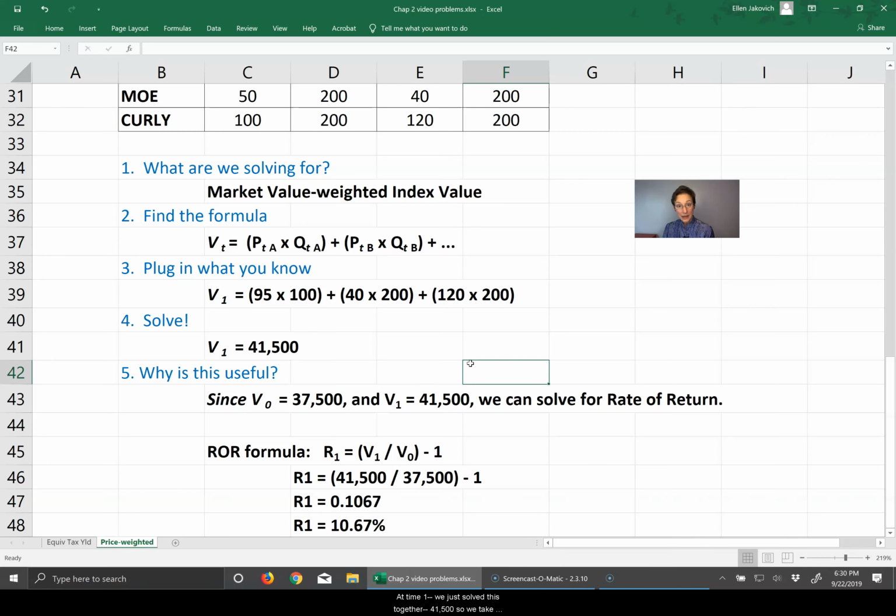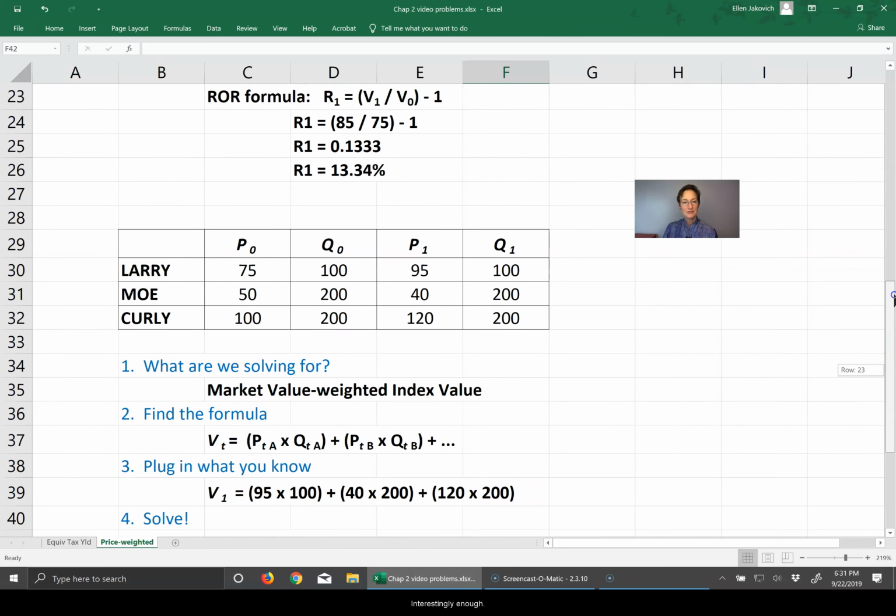It's $41,500. So we take that $41,500 and we divide by $37,500. Once we get that, we subtract 1. We get R1, the rate of return at time 1, using market value, was 0.1067, which equals 10.67%. So we made a 10% plus return using the market value.